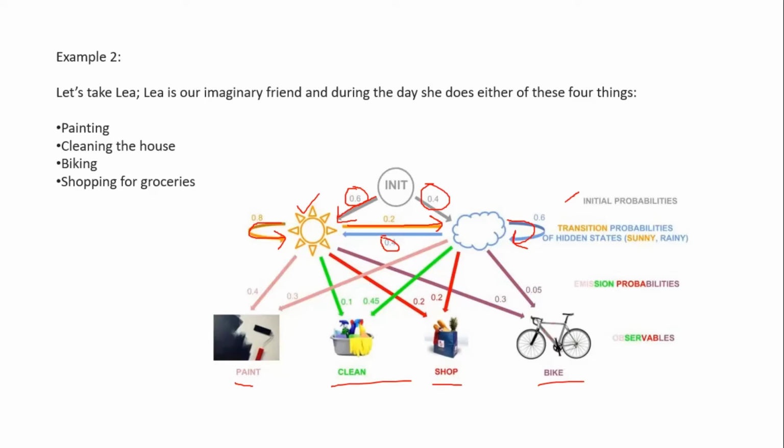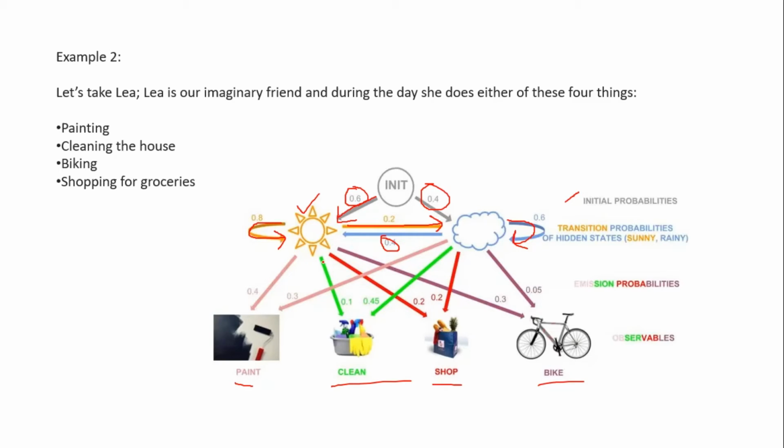So coming to emission probabilities. It is a matrix that represents the probability of seeing a specific observable given a hidden state. If you take the same example, the probability of clean on a sunny day. On a sunny day, what are the chances that Lee performs cleaning?